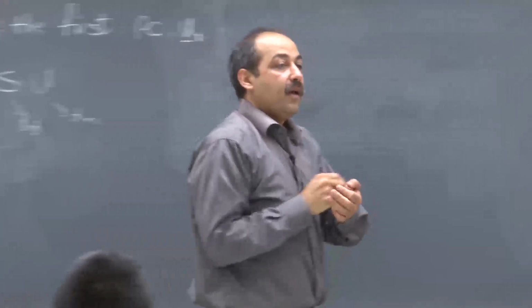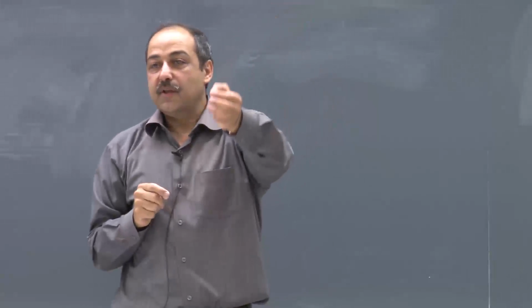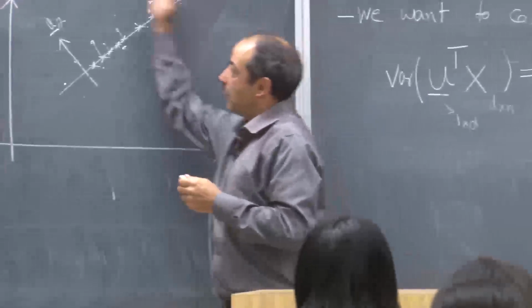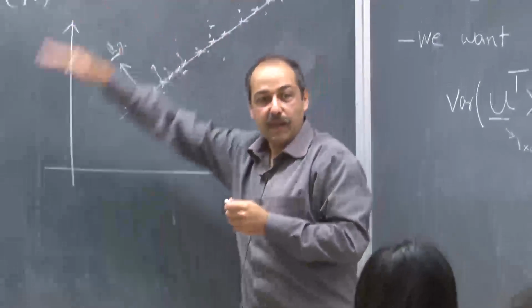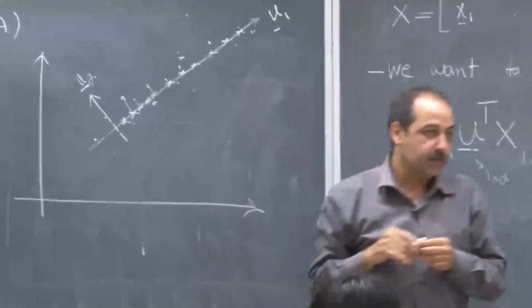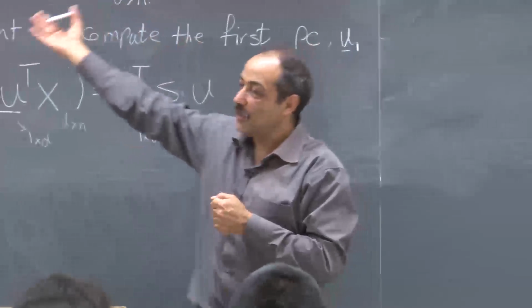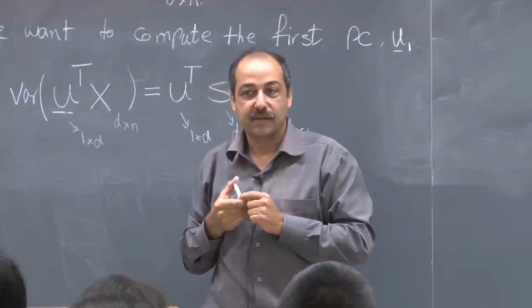Now, among all possible U, there are many U here. Among all possible U, I would like to find the U which maximizes this variance.